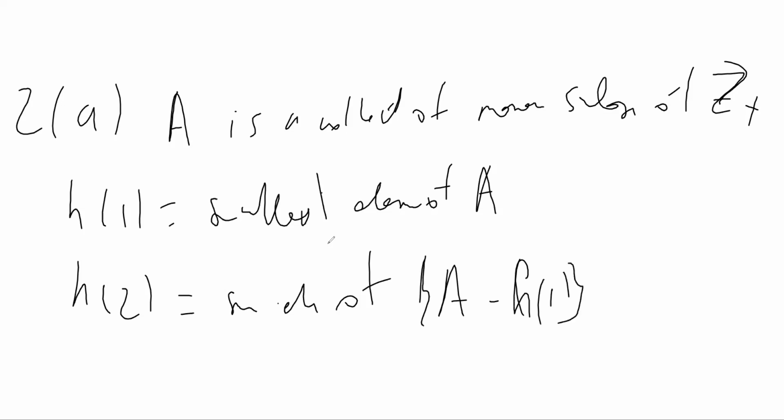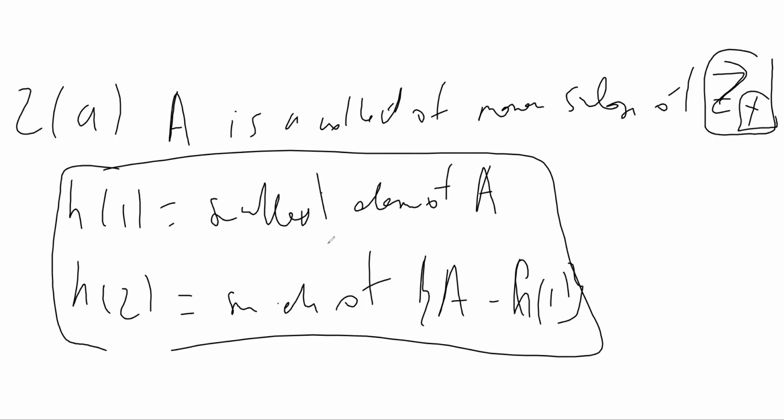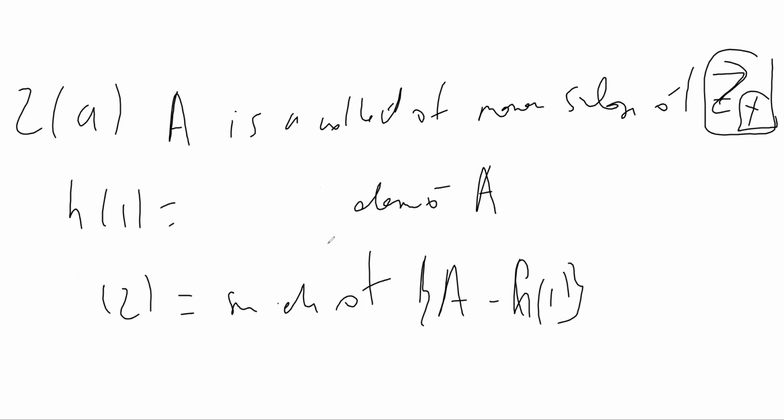So using a similar idea, how can we define a choice function on a collection of subsets of Z plus? Notice it's not Z, it's Z plus, right?